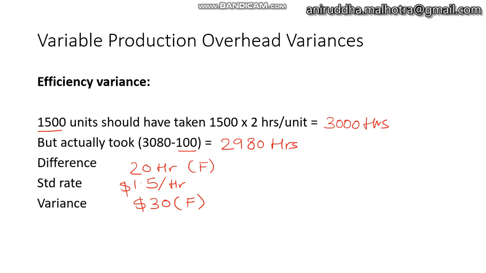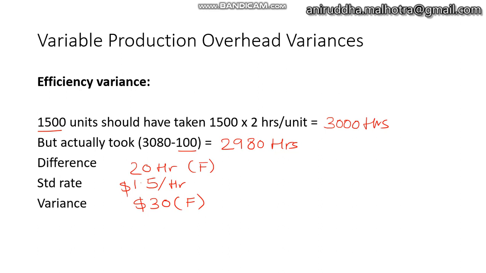So once again, you've calculated two variances over here, the expenditure variance and the efficiency variance. Expenditure variance was a comparison of what your actual variable production overhead was compared to what it should have been at your standard overhead absorption rate multiplied by the actual hours worked.